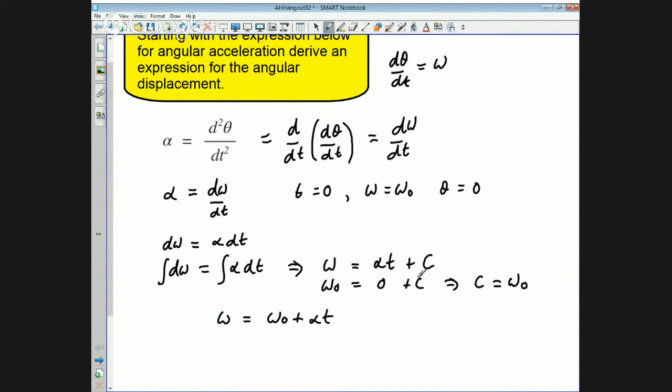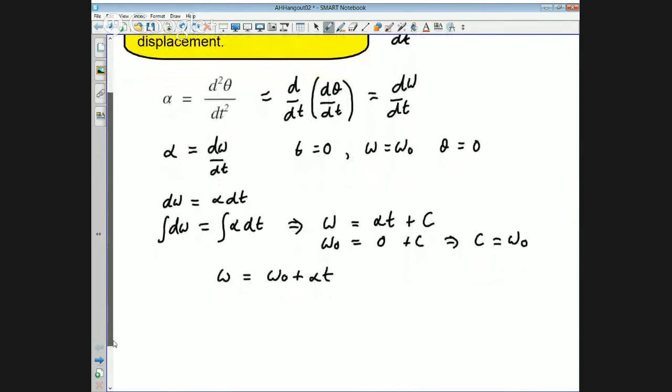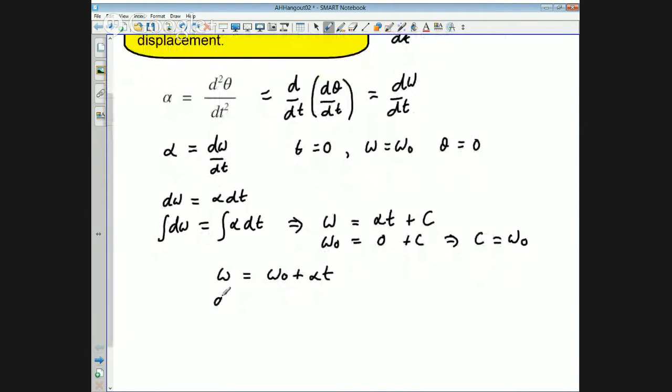But the question is asking for us to derive an expression for the angular displacement. So we have to use the fact then that omega is d theta by dt. And that means that's going to equal omega naught plus alpha t. We'll just put a little bracket around that to keep things tidy. Cross multiply again, and we have the following expression.